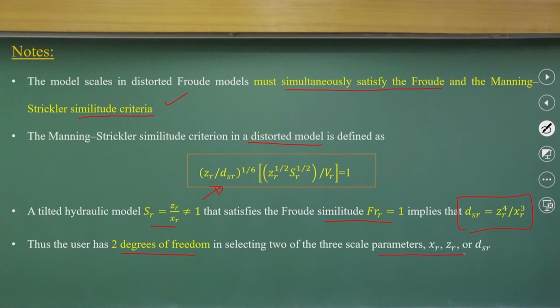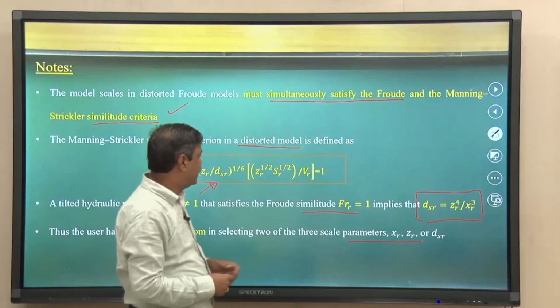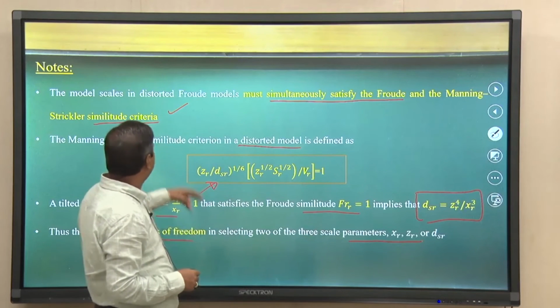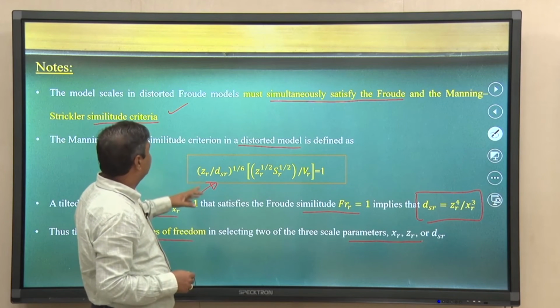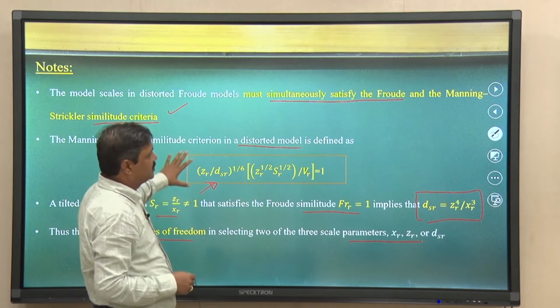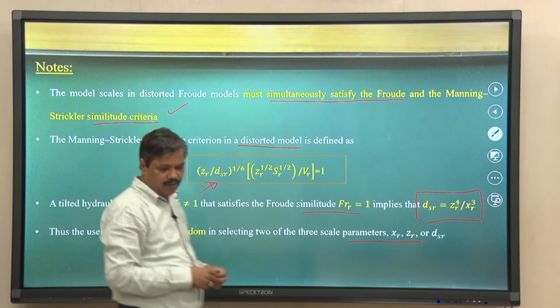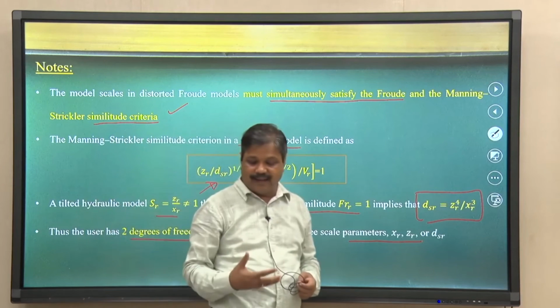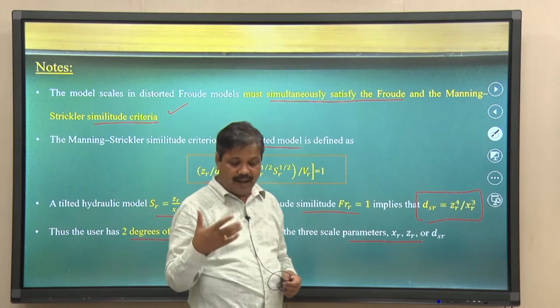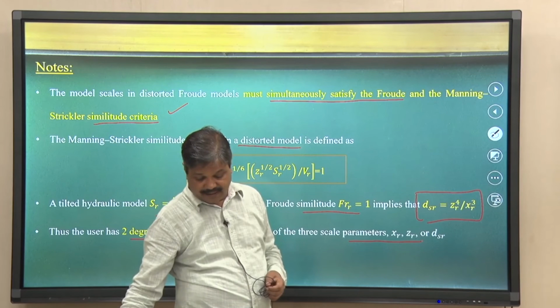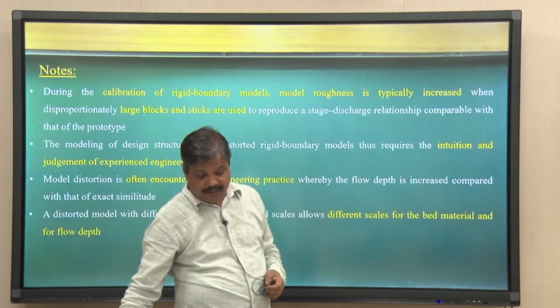Okay. xr, zr or dxr. So, we can consider that and change that value. Still the model and prototype should satisfy these two conditions. Okay. As we follow those conditions, we can say that it has the Froude and Manning-Strickler similitude criteria.